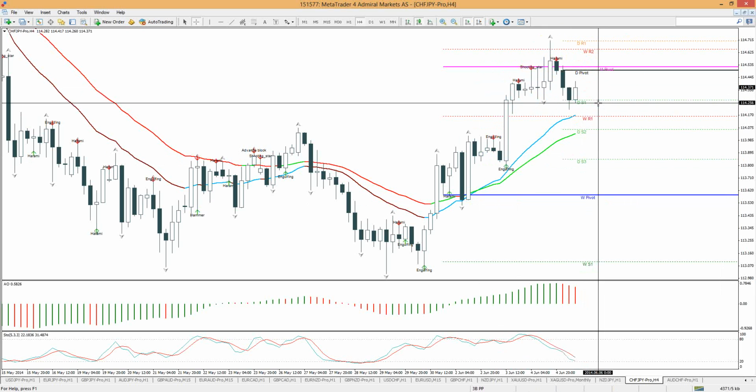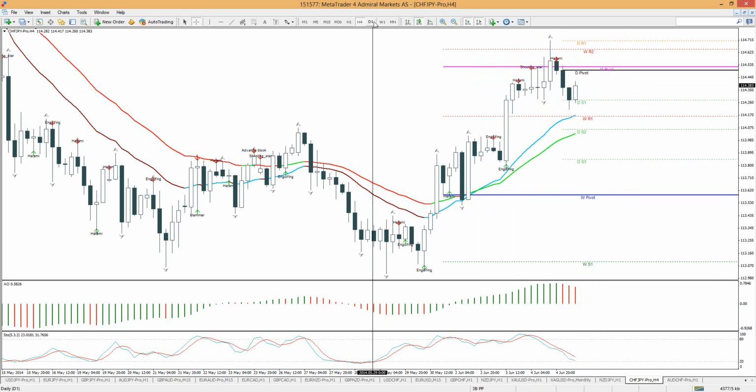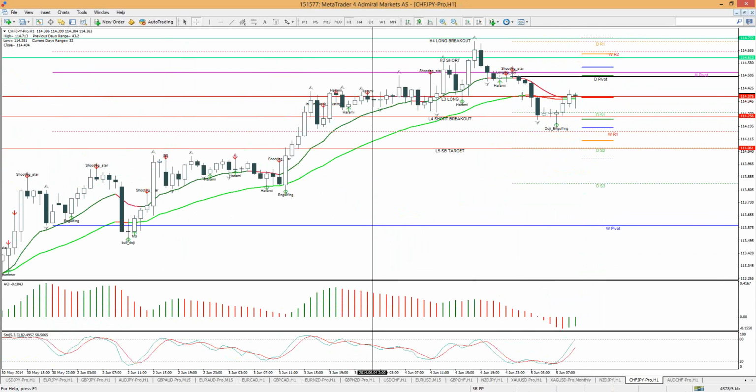This one closed plus another 2, in combination with the fact that we have a daily and monthly pivot point there, that could be a rejection level. Now, if that doesn't happen, then we should see price break above this level before I would get a bit more interested in upside.